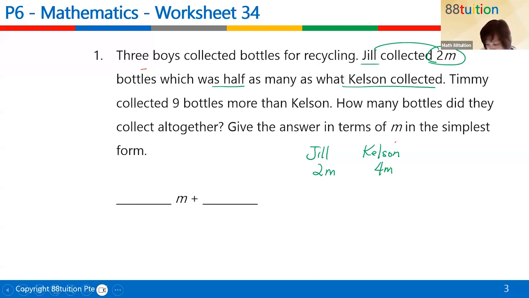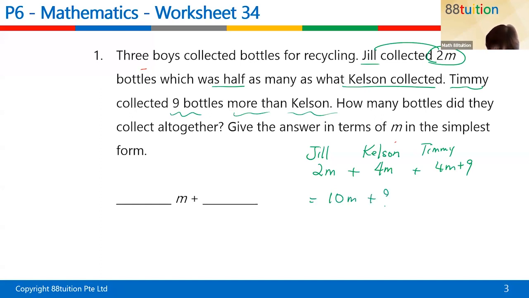Kelsen must have 4M. Timmy has 9 more than Kelsen. So Timmy will have more than Kelsen by 9, which is 4M plus 9. So in order to add them together, you can have 2, 4, 8, 10M plus 9. So this is 10M and 9.